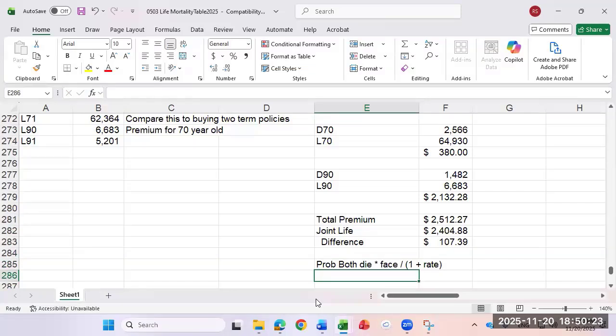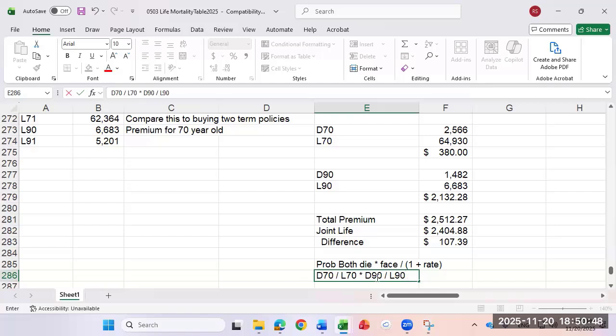So let's try that. What's the probability both die? That's going to be D70 divided by L70 times D90 divided by L90, right? D70 divided by L70 is the probability a 70-year-old dies. D90 divided by L90 is probably 90-year-old dies.